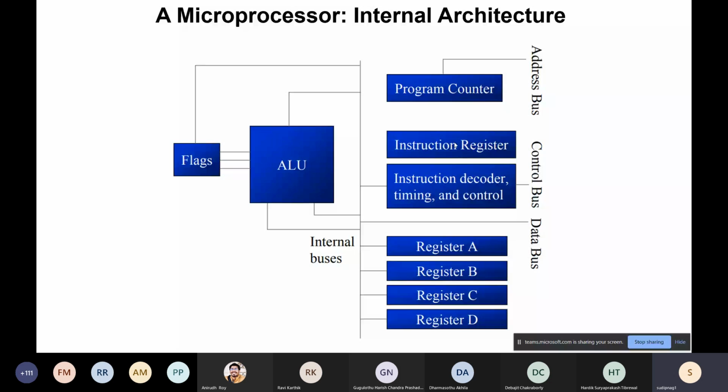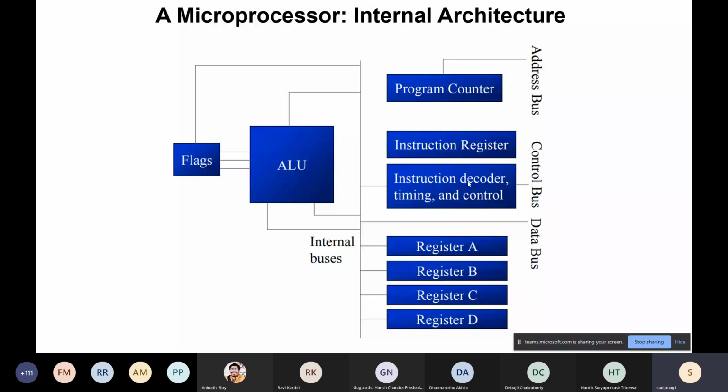The decoder in a microprocessor is very large. What is a decoder? If you remember the digital decoder, for example 2 to 4 decoder, there are n inputs and 2 to the power n outputs. A decoder always has n input lines and 2 to the power n output lines.